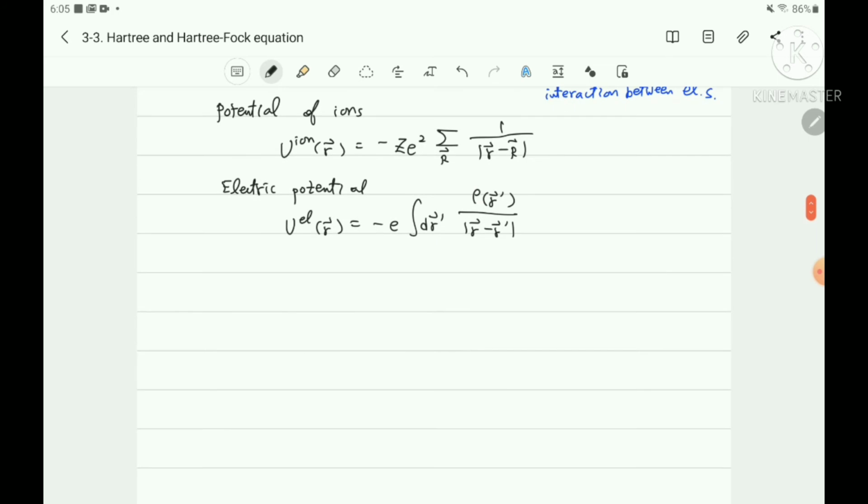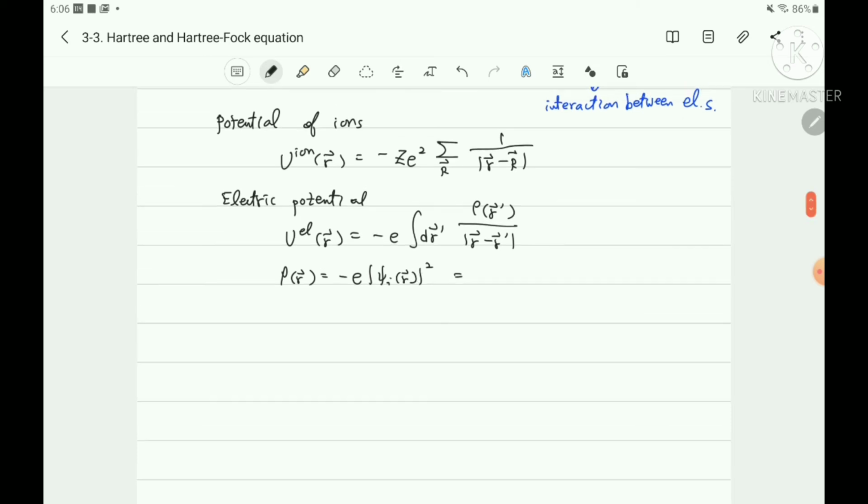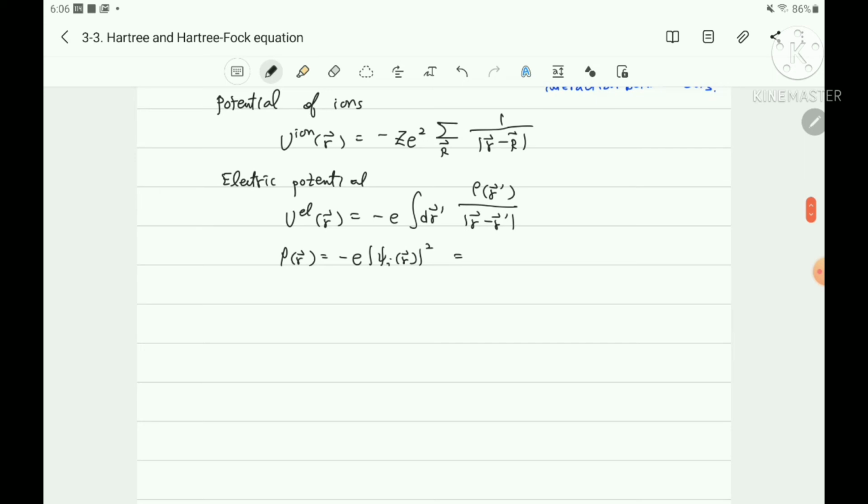Here the electron charge density rho(r) is minus e times the summation over i of psi i(r) squared, with the summation omitted in the notation. It is the electronic charge density.